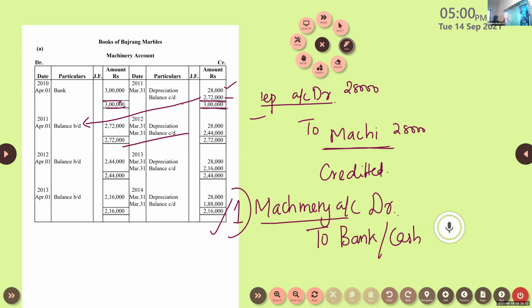Balance carried down, coming here. Balance carried down, coming here. You are asked to prepare only for 4 years. That's why we stopped with 2013-14: 2010, 11, 12, 13. 4 years. So see, at the end of 4th year, the value of machinery? We purchased it for 3 lakh, but now, at the end of 4th year, it is only 1,88,000.